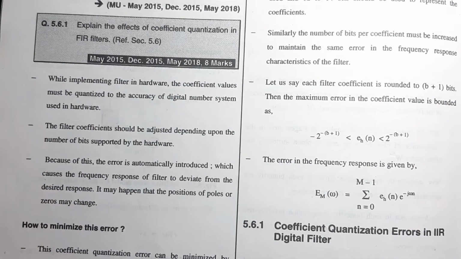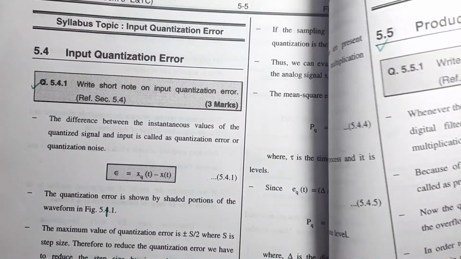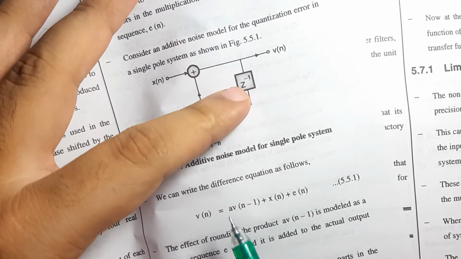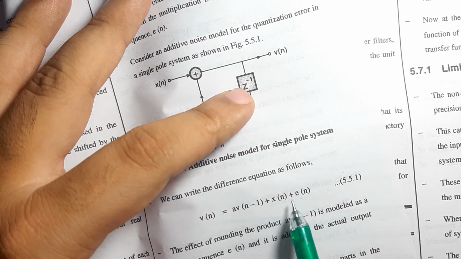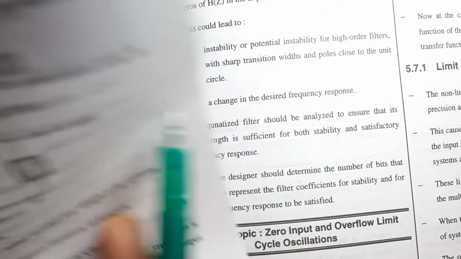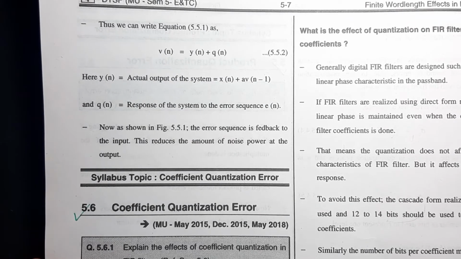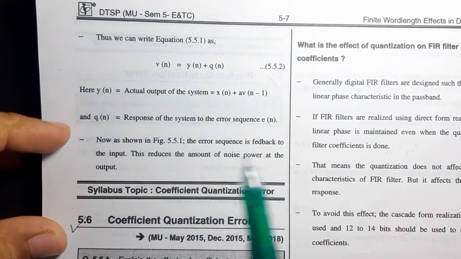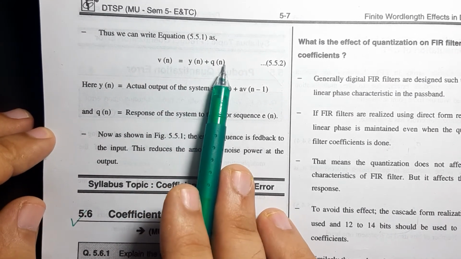Therefore we can write the equation, the one which we had initially, v of n equals a v of n minus 1 plus x of n plus e of n, as v of n equals y of n plus q of n.